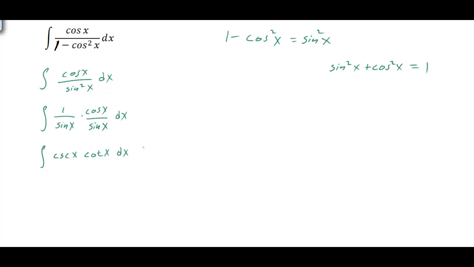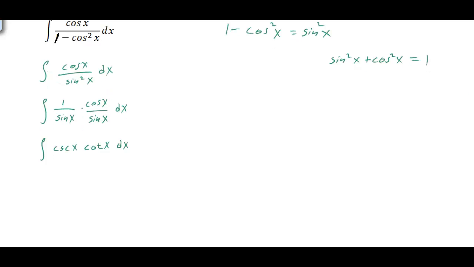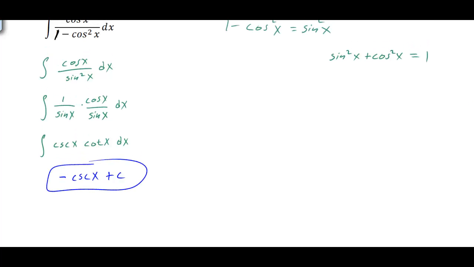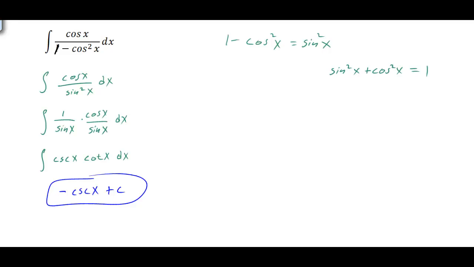At this point, I think you're seeing why it's important to understand your trig identities. Those of you that had pre-calculus realize now why these trig identities are important, because we can rewrite these problems into a form that we can integrate. And at this point, we have a formula for the integral of cosecant cotangent, and it happens to be negative cosecant x. So never forget, when you're looking at your integration and you have trig functions involved, it's always a possibility that you can use your trig identities.